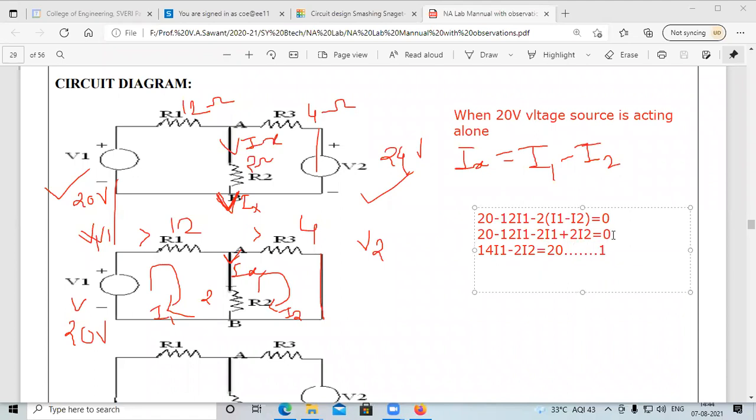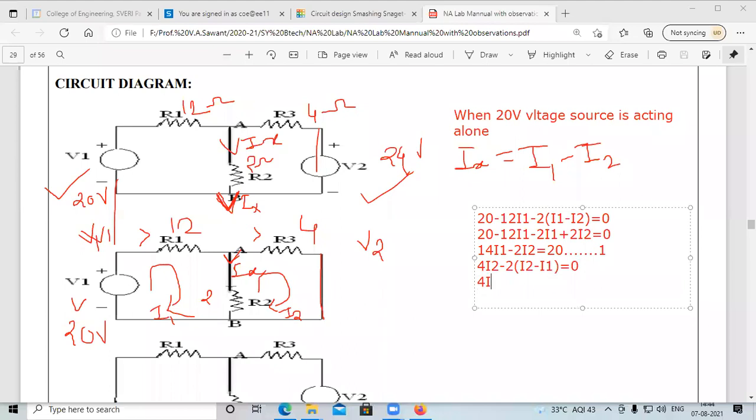Then apply KVL to mesh second. What is the value of R3? R3 is nothing but 4. So 4 I2 minus 2 into I2 minus I1, it is equal to 0. So see, simplify this.